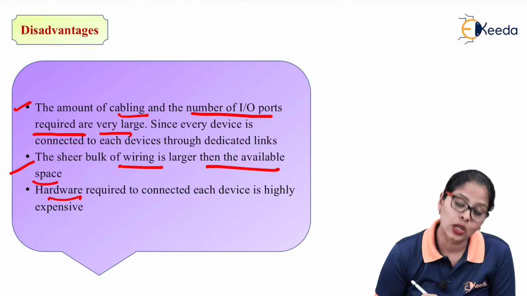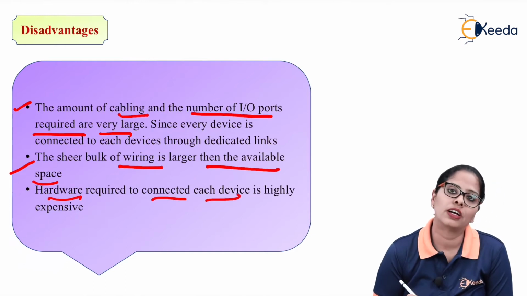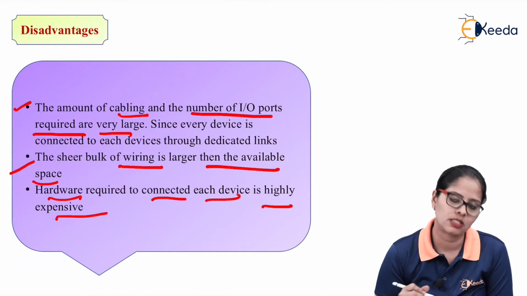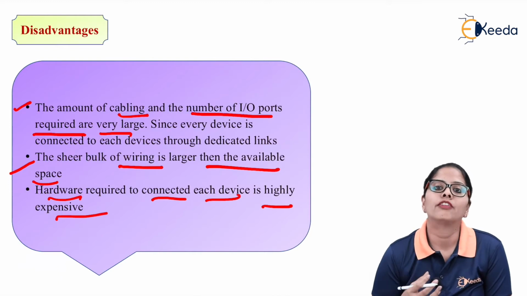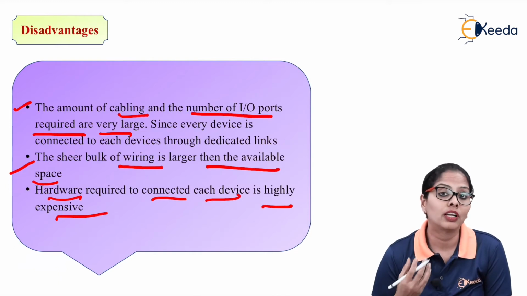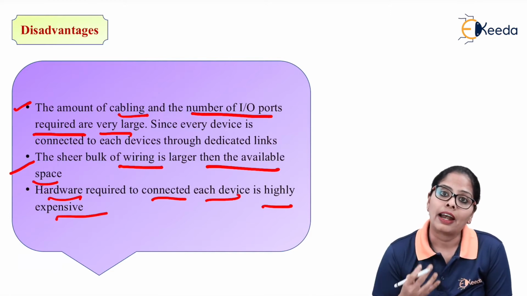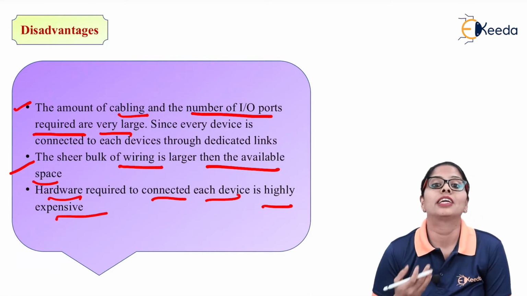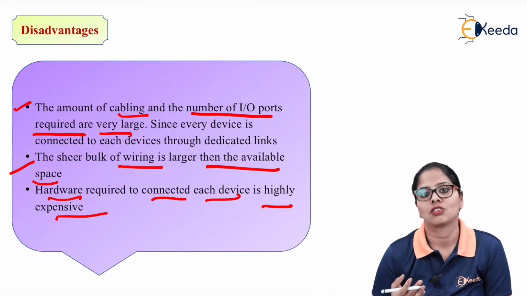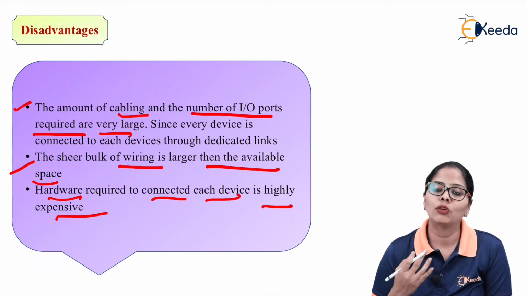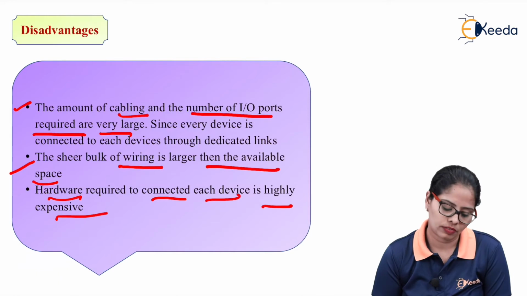The hardware required to connect each device is also highly expensive. Whatever hardware you need to connect, that is input and output ports, you need to connect to each device. That adds extra cost, and the cabling also adds extra cost. So overall, the entire topology is very expensive.